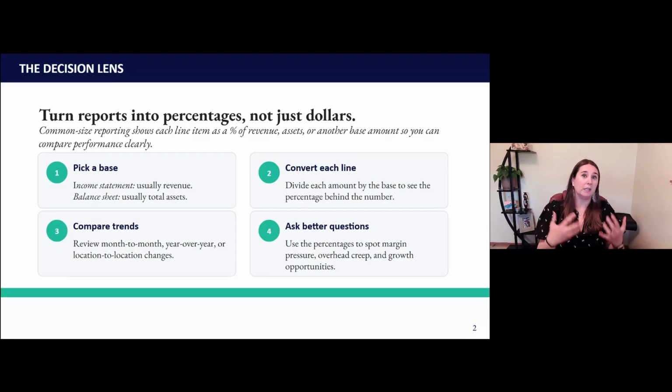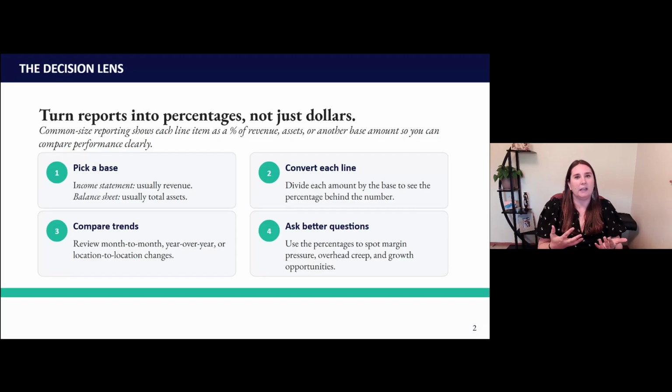On your income statement, this is going to be your revenue, so everything is going to be divided by your total revenue. On your balance sheet, this is going to be typically your total assets. So then you can see everything on a more common denominator of what's happening.